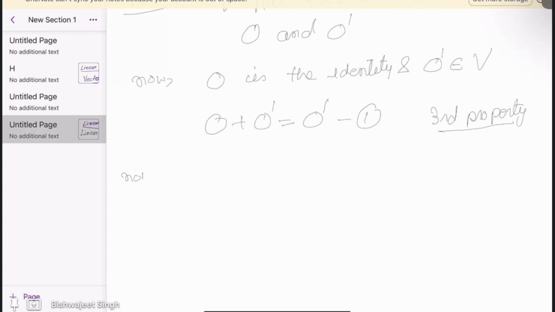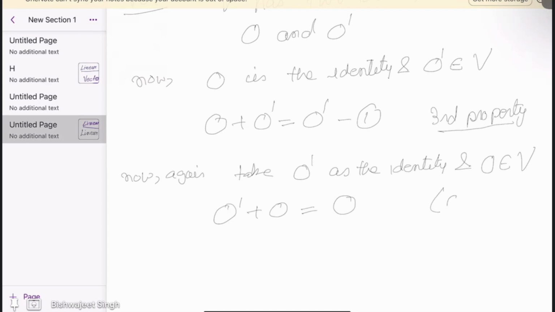Now again, take 0 dash as the identity and 0 belongs to V. Since 0 dash is again an identity and 0 is some element of V, I can play this game again. So 0 dash plus 0 this time is going to be my 0, because 0 dash is the identity here.